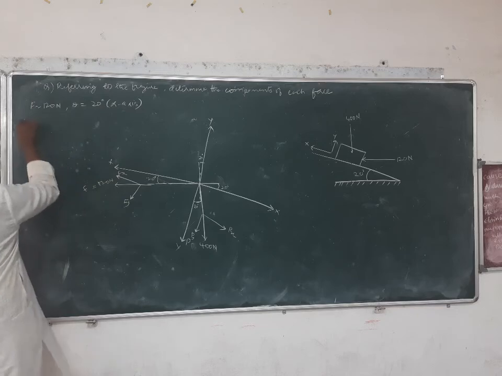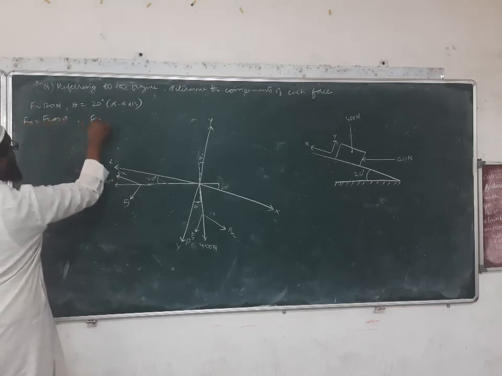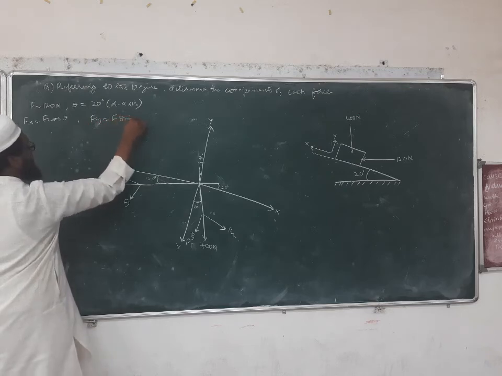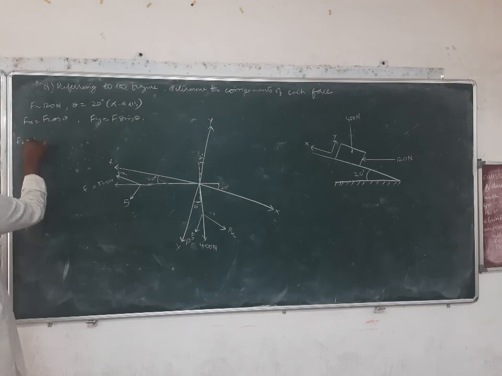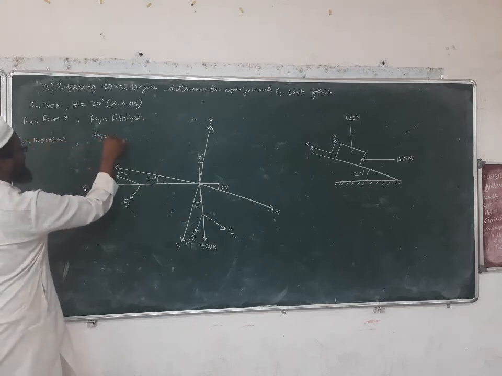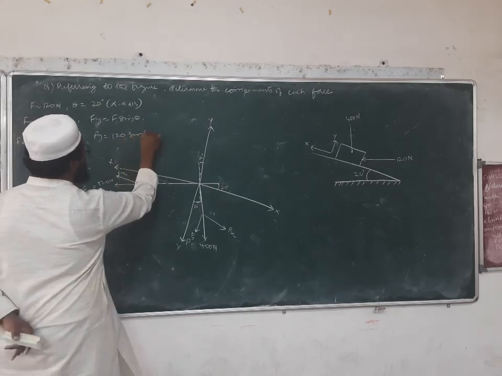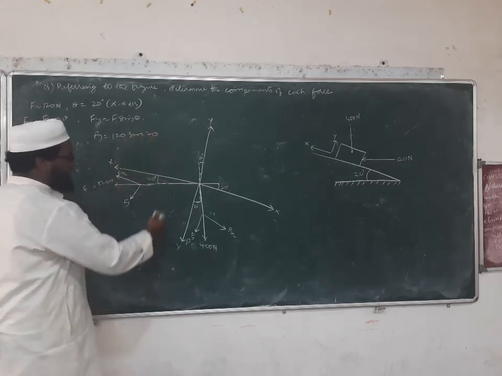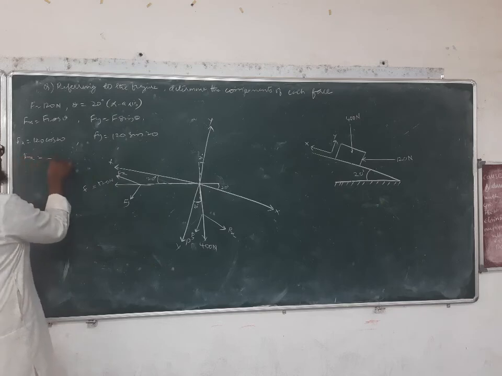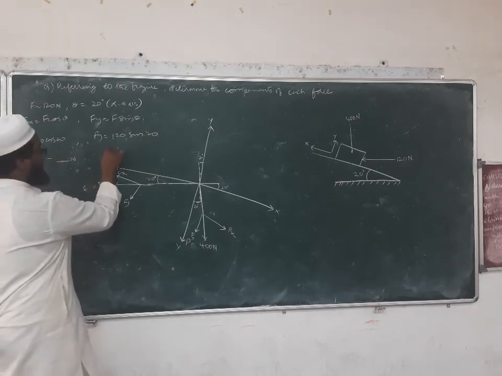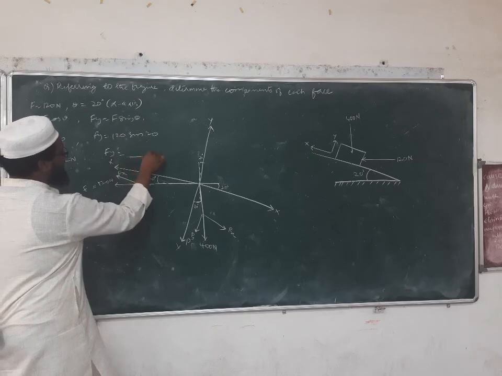So Fx is equal to F cos theta and Fy is equal to F sin theta. So Fx is equal to 120 into cos 20 and Fy is equal to 120 into sin 20. Since the force is in the third quadrant, Fx will be negative and Fy will also be negative.